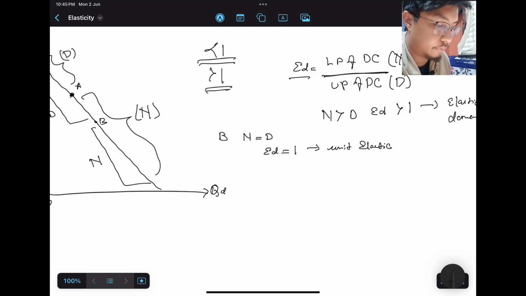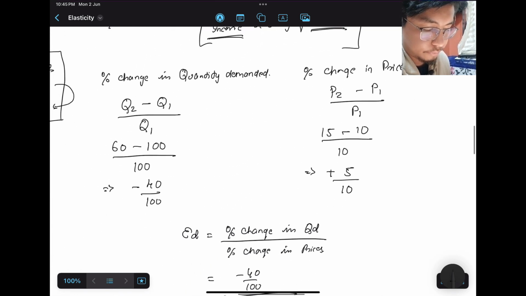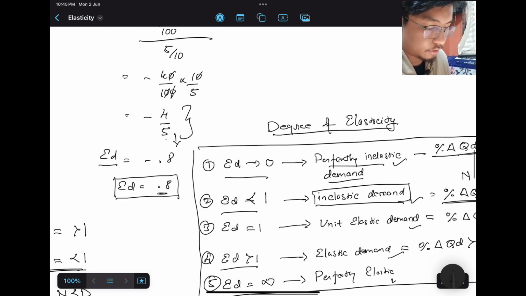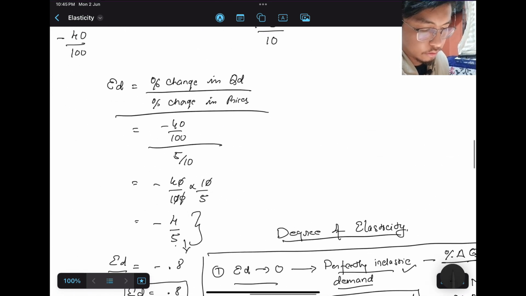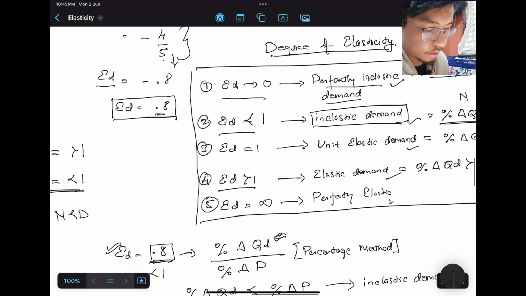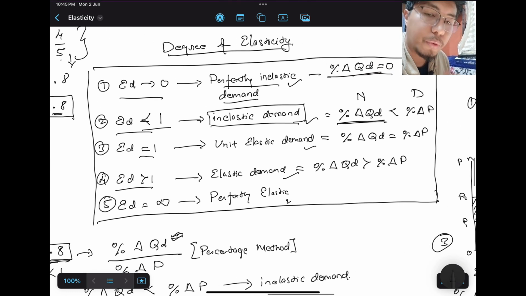So understand this portion. This is important to understand, right? And you have to understand why are we doing this. Here, we're just trying to see whether the value is going to be less than 1, equal to 1, more than 1. Okay, why do we want to do that?